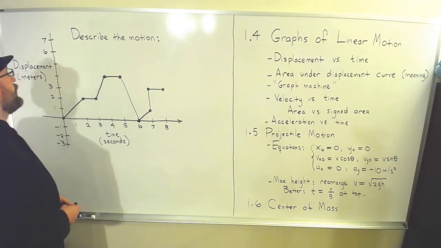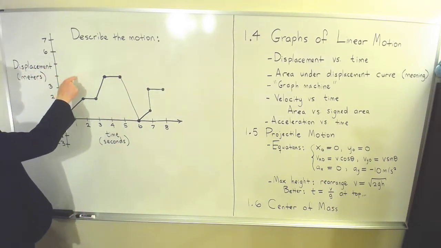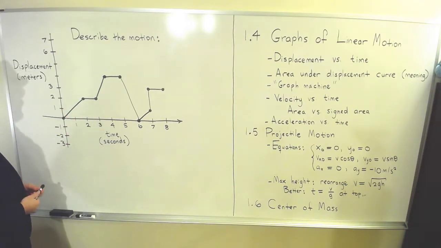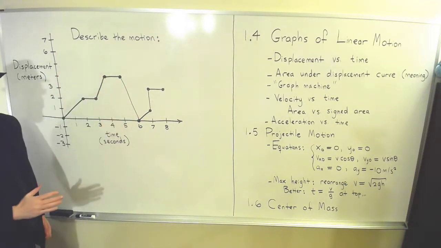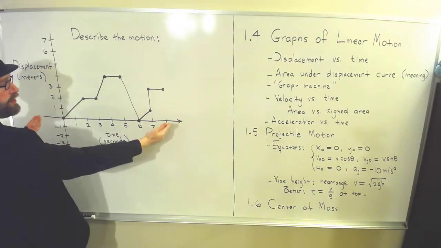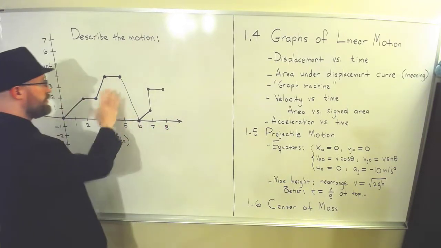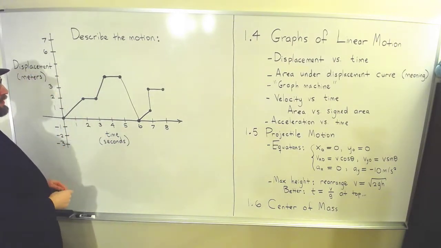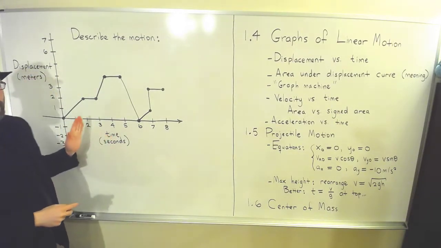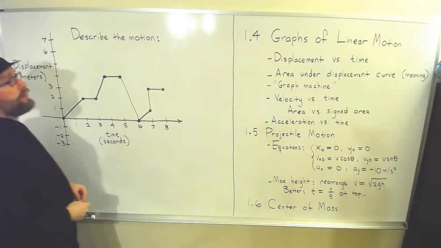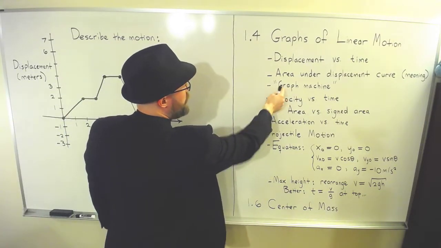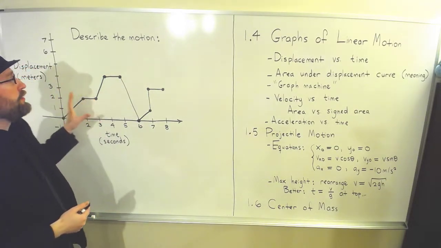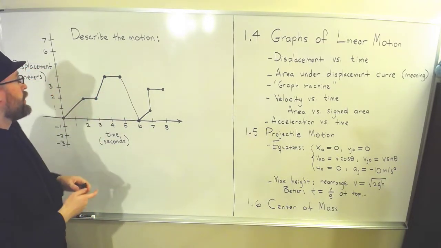So I've drawn a motion graph here. Now this is motion along a straight line, and it's drawn in the plane. And the reason why we have two dimensions, the plane here, instead of just one dimension, is because one of the dimensions is being used to represent time. And later when we talk about this graph machine idea, I will go back to this topic.